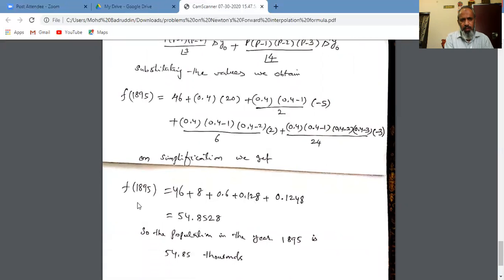This means in the year 1895, the population is 54.8528, or 54.85 thousands. So this is the method to use Newton's forward interpolation formula. We can easily determine the value of the function for the given set of tabular values at any point of x.